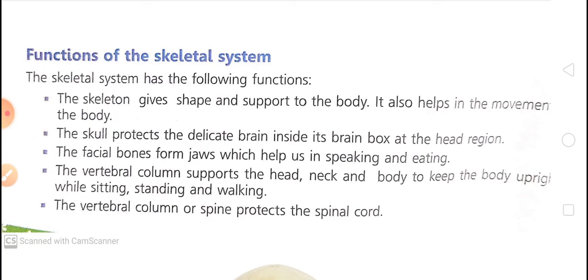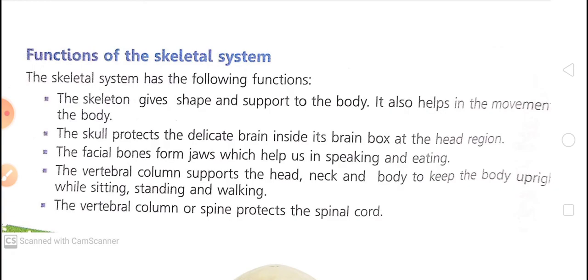This framework of bones, which is called the skeleton, gives support and shape to our body. It also helps in the movement of our body. With the help of the legs, we can move because of the skeleton.